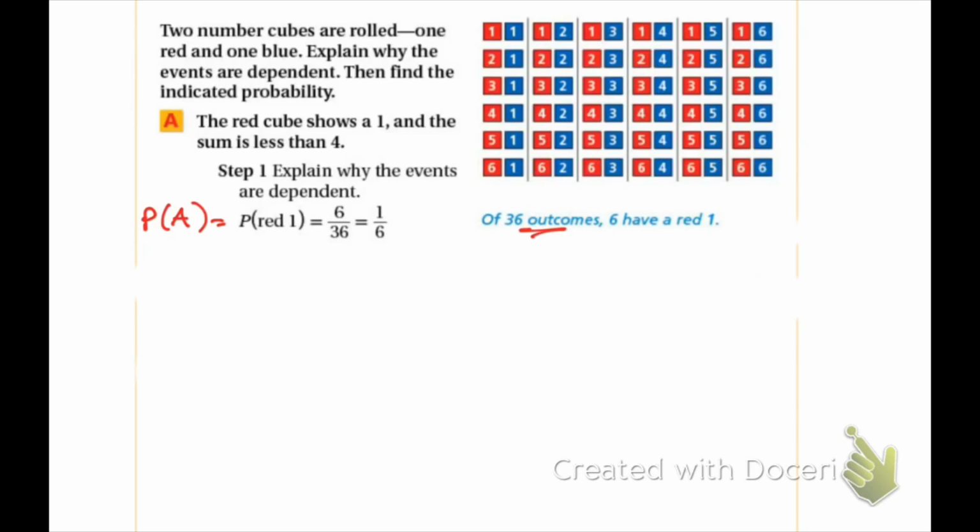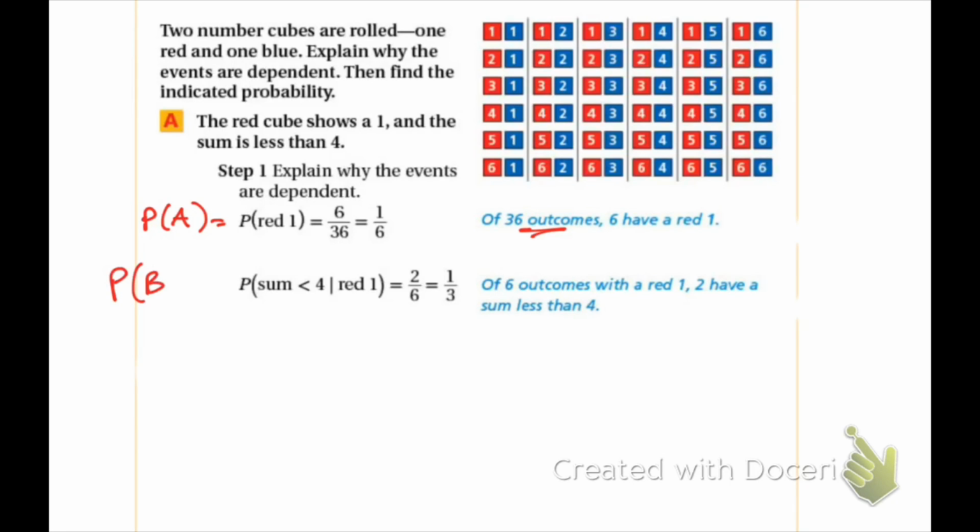Well, now let's calculate my second event. This is the conditional event, B given that A occurs. Now we're going to say what's the probability that the sum is less than 4, given that we rolled a red 1. So when we look at this, not only do we have to have a sum which is less than 4, but we also have to have a red 1.